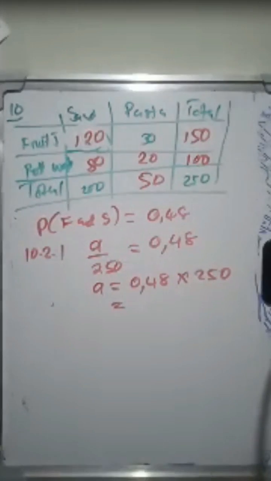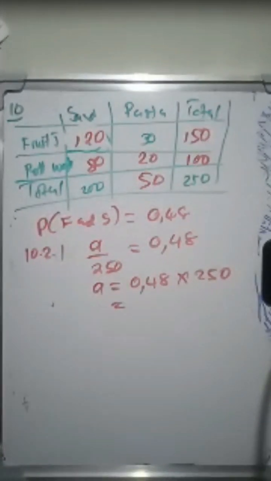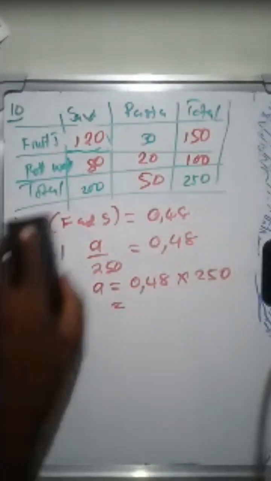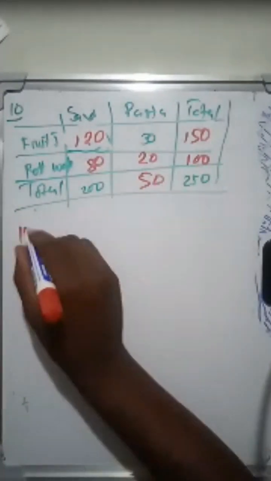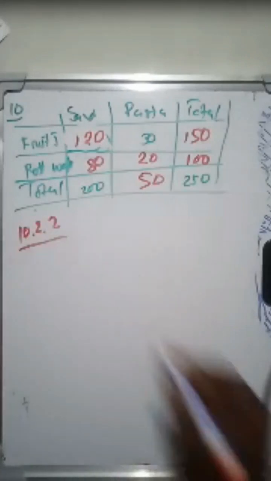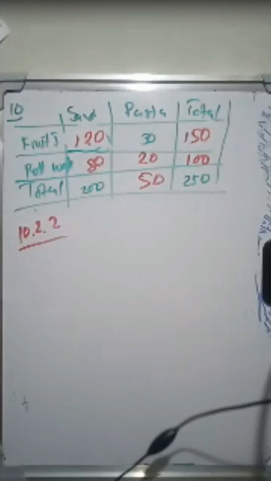Now the question goes on to ask, 10.2.2: is the choice of a fruit juice independent of the choice of a sandwich for lunch on a day? Show all your calculations.